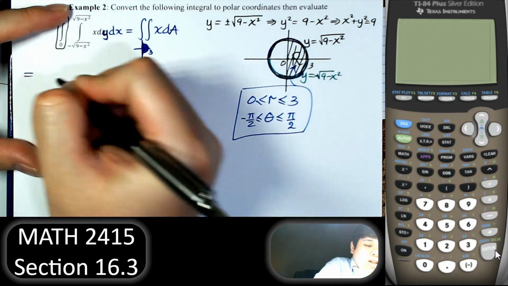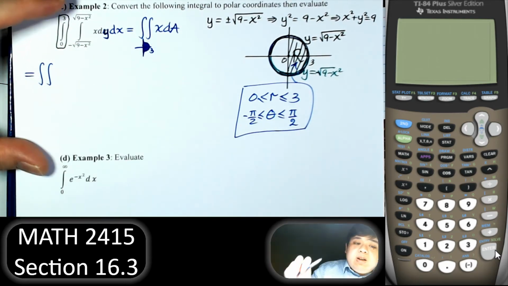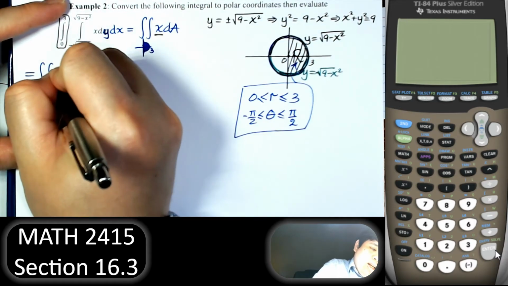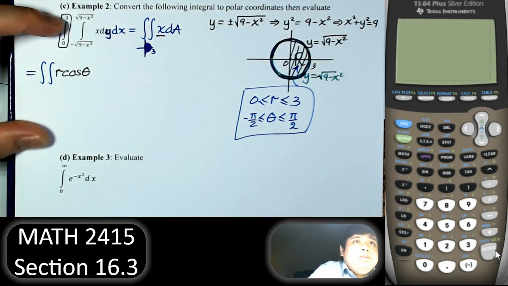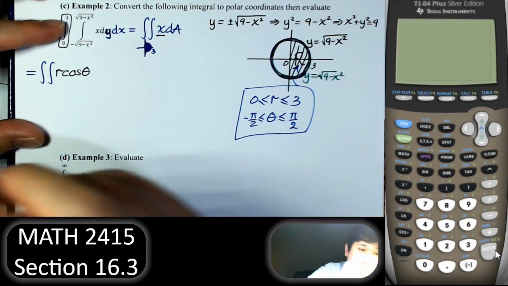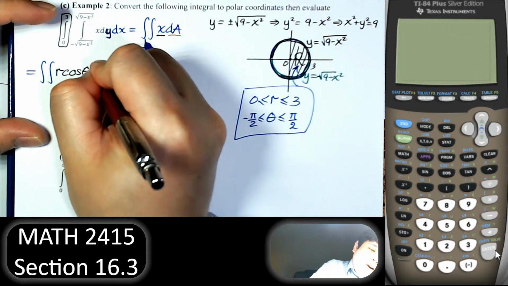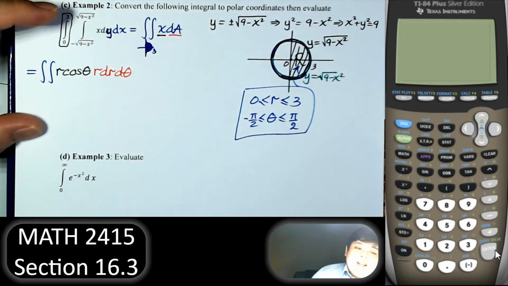Now I'm going to write this in polar coordinates. So in polar coordinates, first x is r cosine theta. Right. dA is always r dr d theta. That is dA.